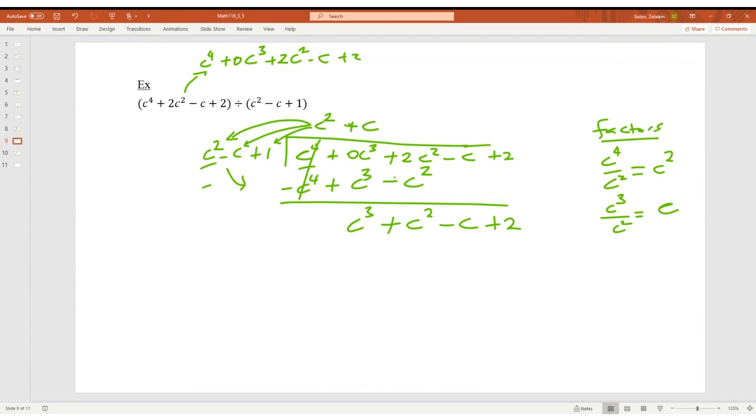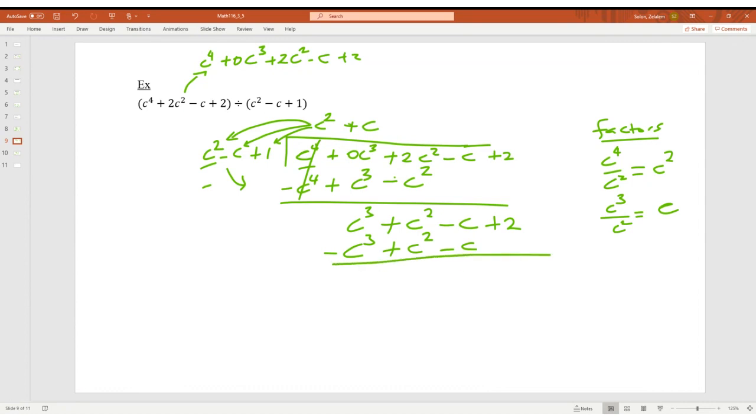C times c squared is c cubed, change it into subtraction. C times negative c is negative c squared, and we change it into plus c squared. C times 1 is c, and we change it into minus.